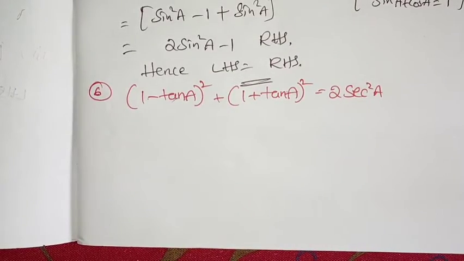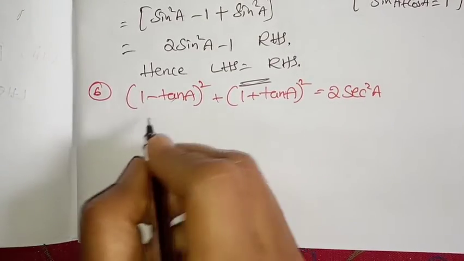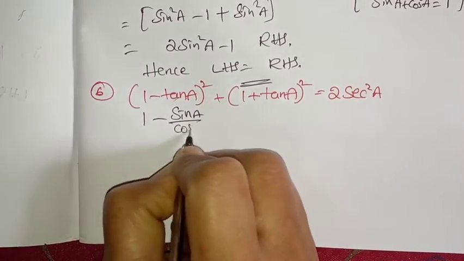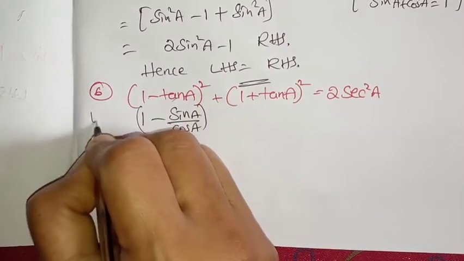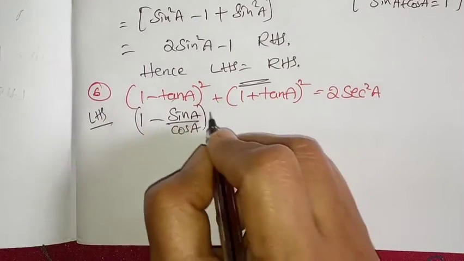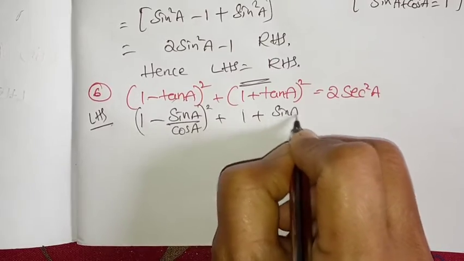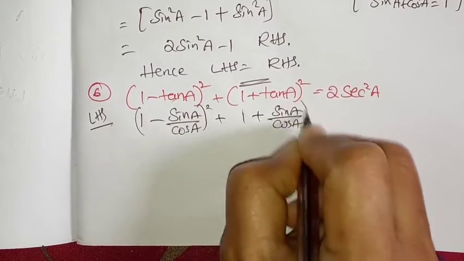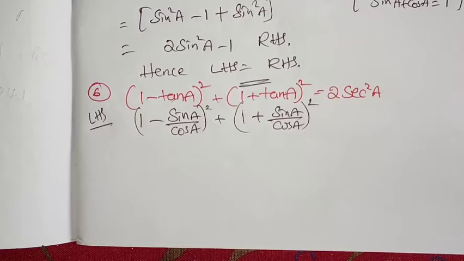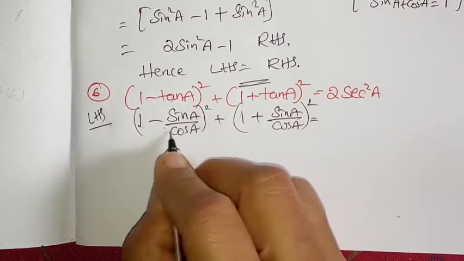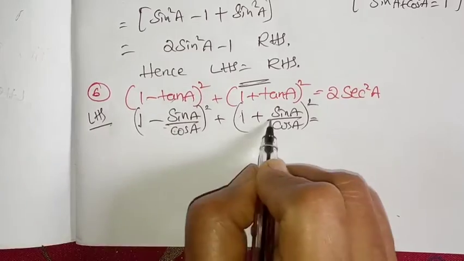(1 - tan a)^2, that is (1 - sin a/cos a)^2 on the LHS, children, plus (1 + sin a/cos a)^2. Now in both the brackets I am going to take the LCM.